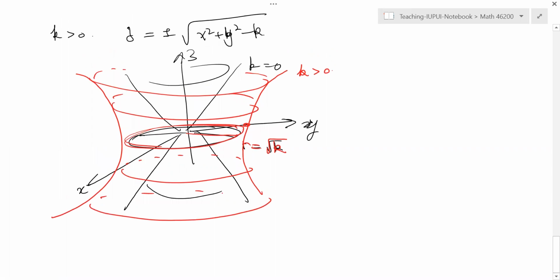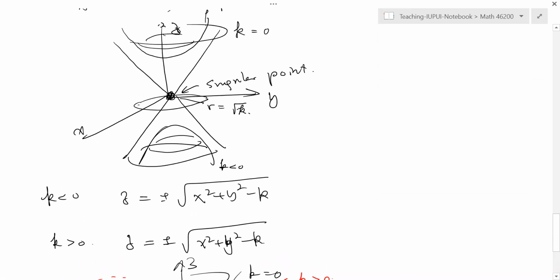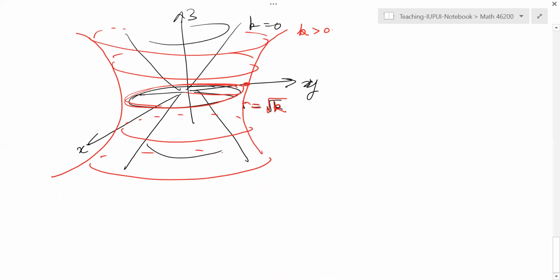But when K is negative, you get two pieces, okay? You get two pieces, separate, disjoint, right? Then you can find a parameterization for each piece because these two pieces are graphs of a function of x, y, z. So it's easy to find the parameterization. Right?